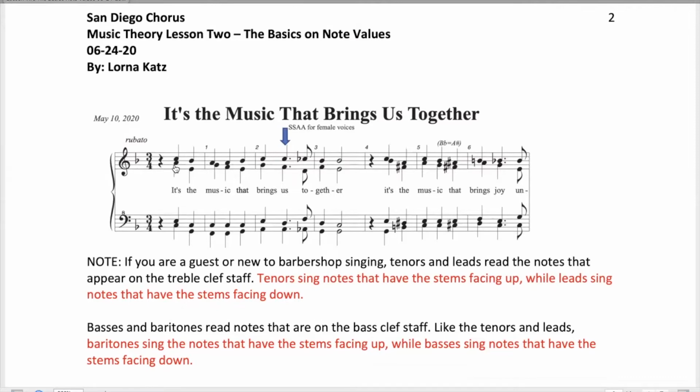The leads would be singing the notes with the stems facing down. In the bass clef, the baritones would be reading these notes with the stems facing up, whereas the basses would be singing these notes with the stems facing down.